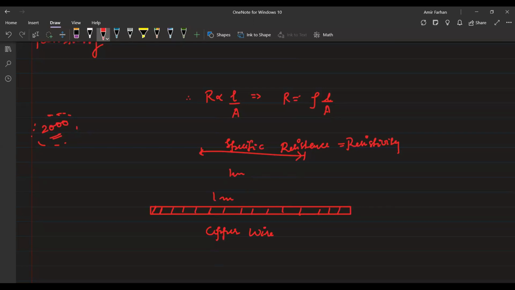That resistance will be called the specific resistance, sorry, resistivity. Every 1 meter of copper wire will give you the same resistance. The default value of any material is called the resistivity. I think it's clear. Yes or no, everybody?